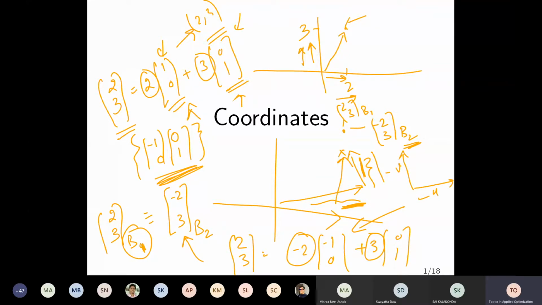So that's the main thing about coordinates. If you change the basis, your coordinates change. That's the big takeaway from here. Change the basis, coordinates change. Obviously, the matrix of a transformation will change. So many things will change.